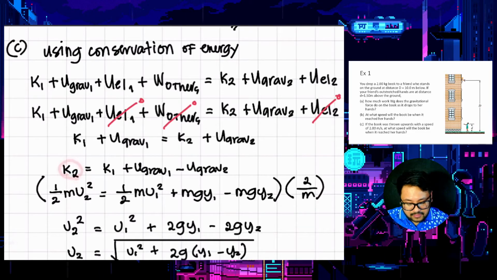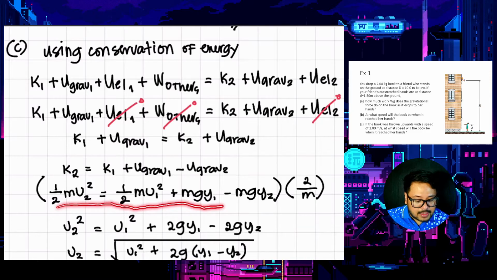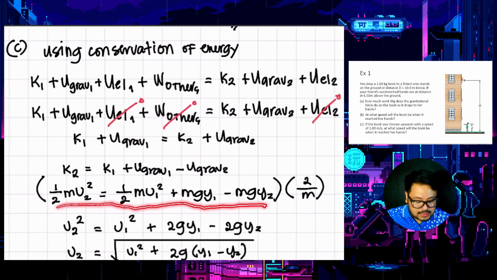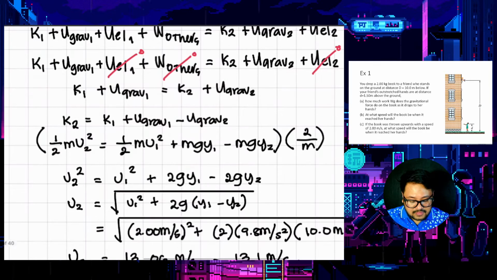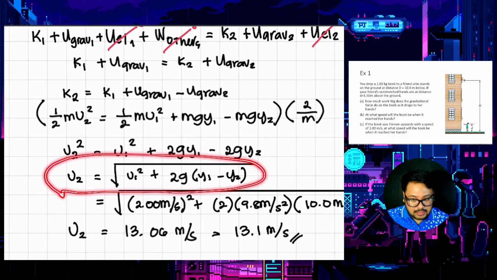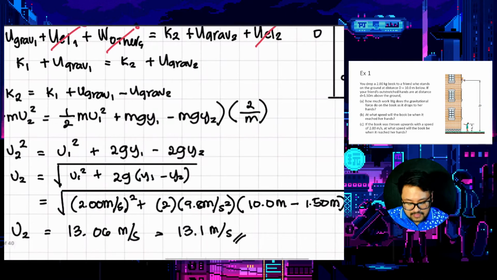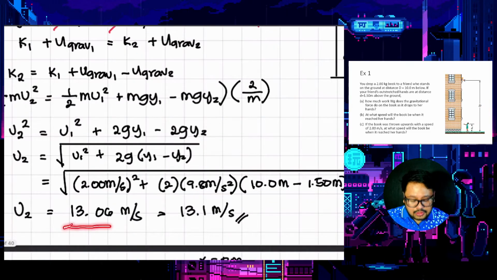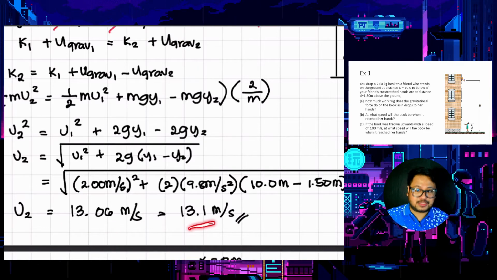You have 1/2 mv2 squared equal to 1/2 mv1 squared plus mgy1 minus mgy2. Using algebra, we now have this working equation. Substituting our values, we have v2 equal to 13.06 meters per second, or 13.1 meters per second.